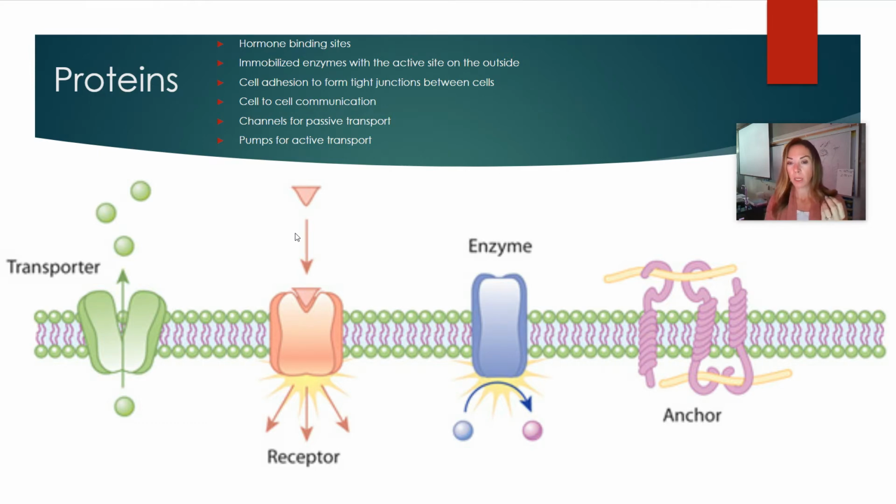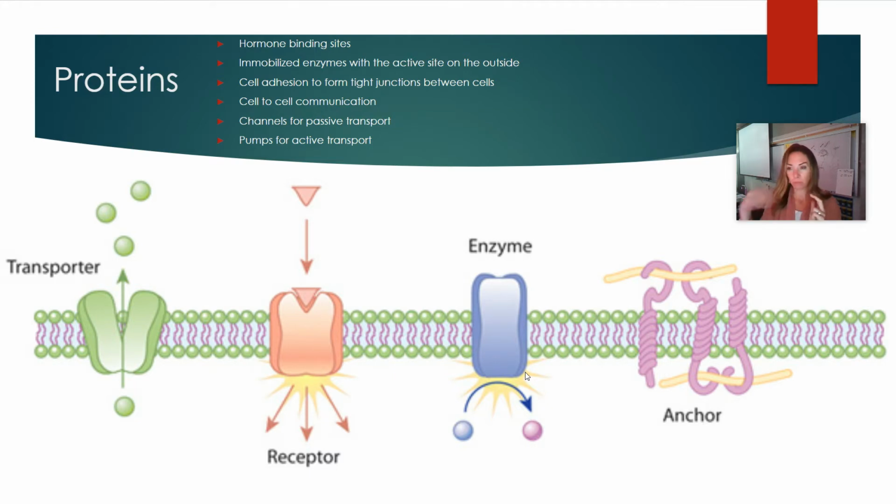Another thing is enzymes. That was the hormone binding site; now, immobilized enzymes with the active site on the outside. So here, inside, outside, we're looking for enzymes with the active site on the outside. And that means it's immobilized, so it's not moving.